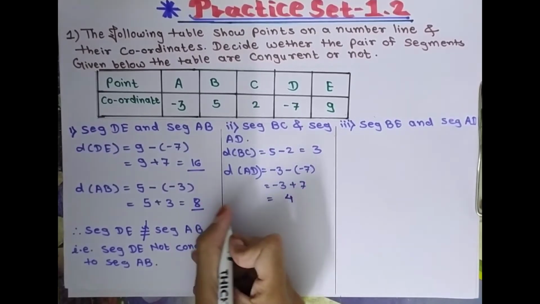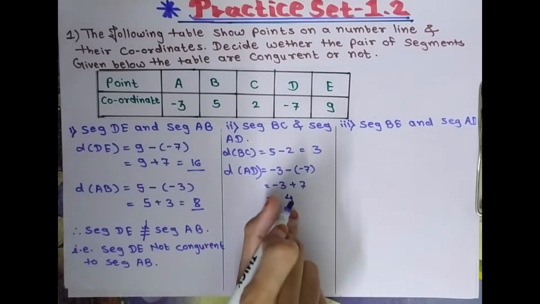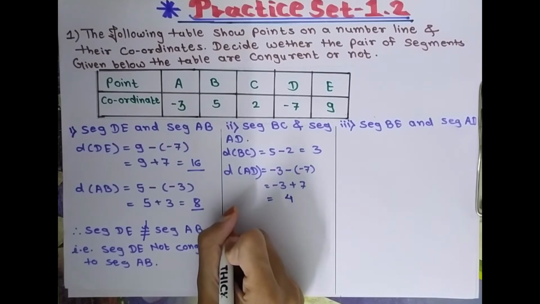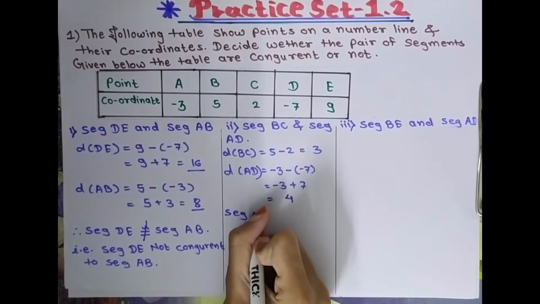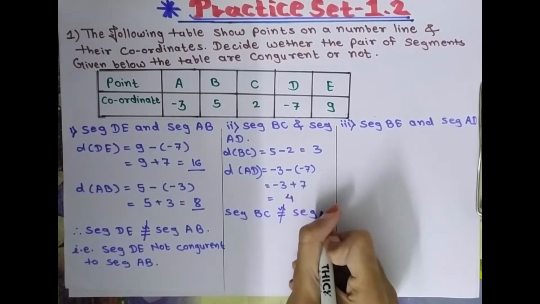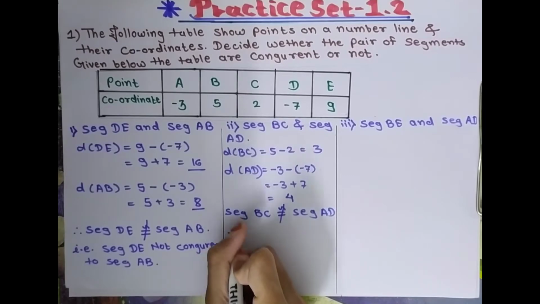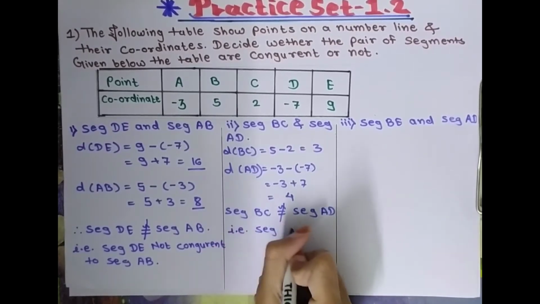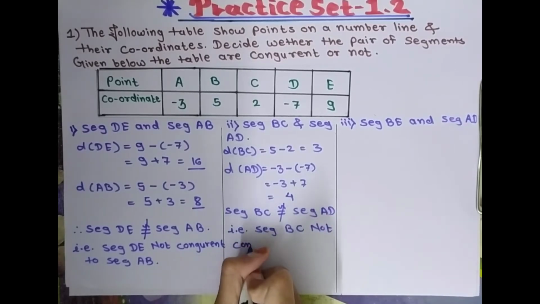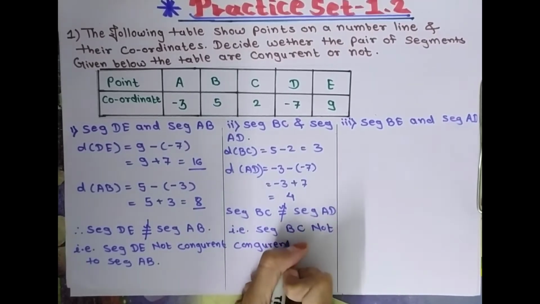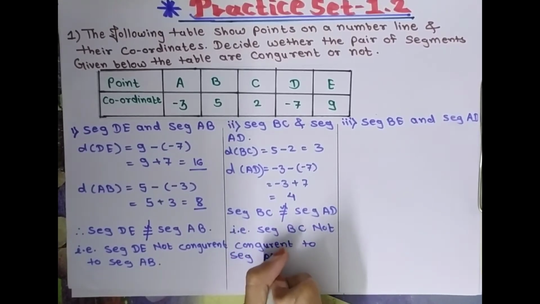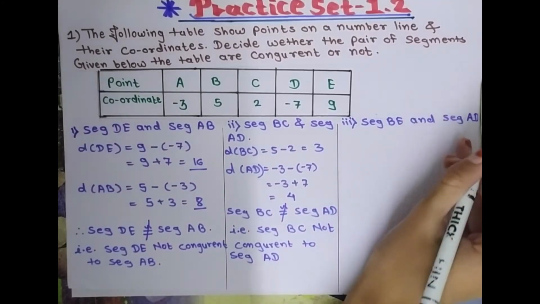So distance AD is 4 and distance BC is 3. Therefore this is also not congruent: segment BC is not congruent to segment AD.